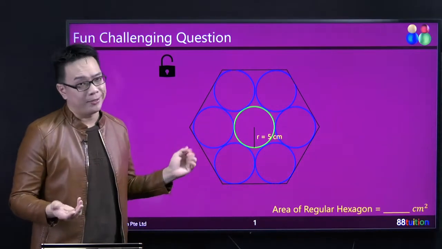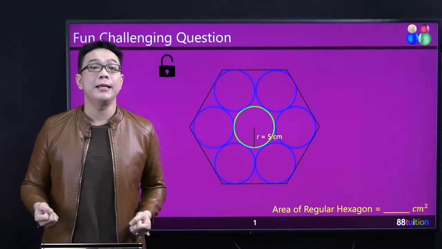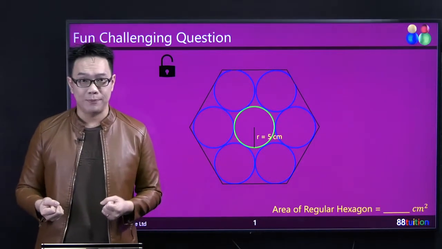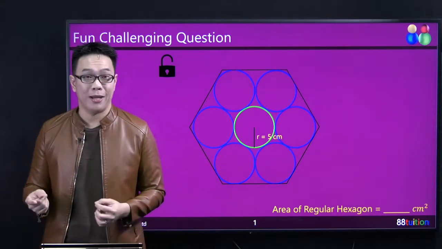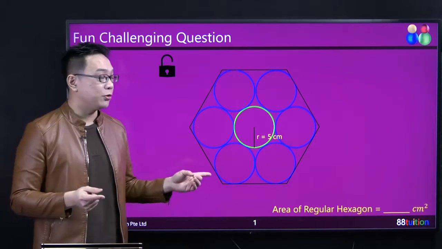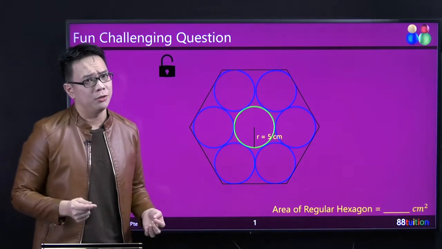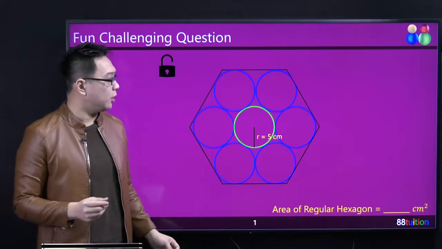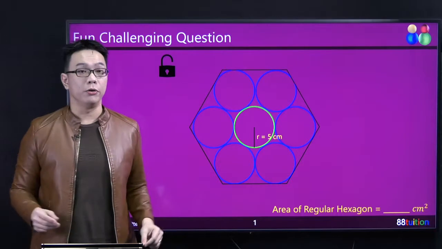Oh, by looking at the shape, right? Clever you. In Sec 2, you learn Pythagoras theorem: a squared plus b squared equals c squared. Short squared plus long squared gives you the super long squared. In Sec 3, you learn something called similar triangles. A little bit of similar triangles may come out also. And maybe you say, I also learned trigonometry in Sec 2 and Sec 3. Good for you.